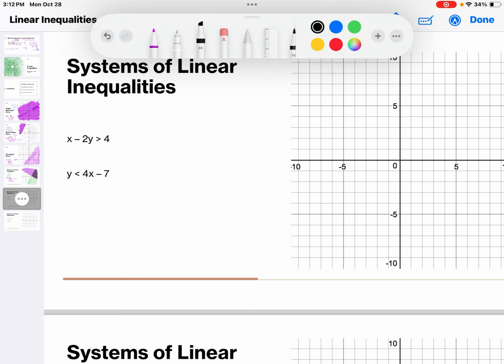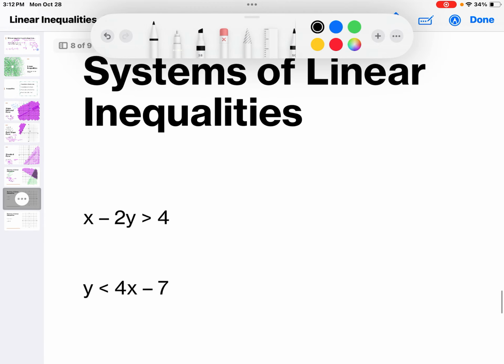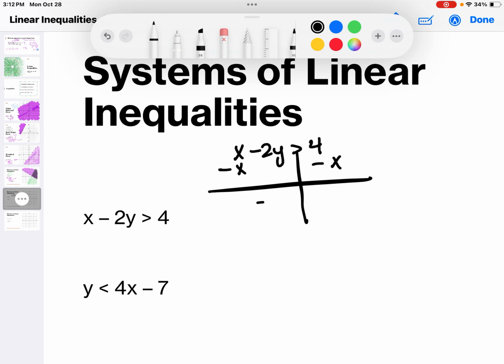Again, try to pause it. I'll just change this to black. x minus 2y is greater than 4. Let's change that into y equals mx plus b form before we say it's shaded this way. So subtracting x from both sides, dividing by -2 on both sides.